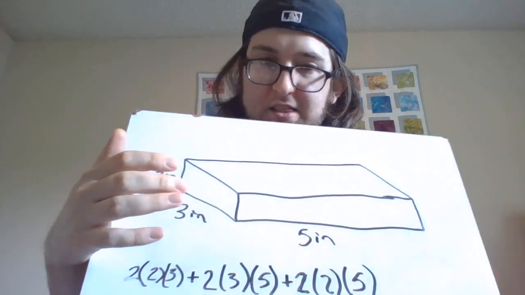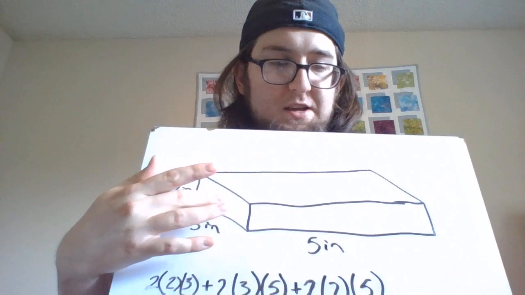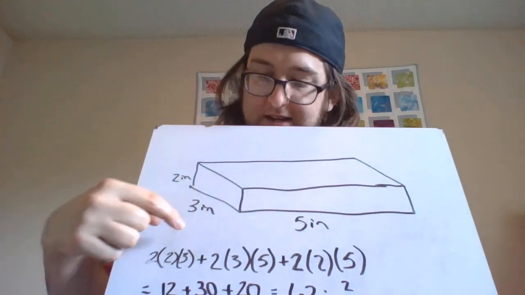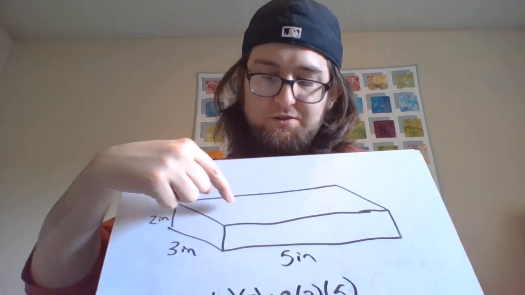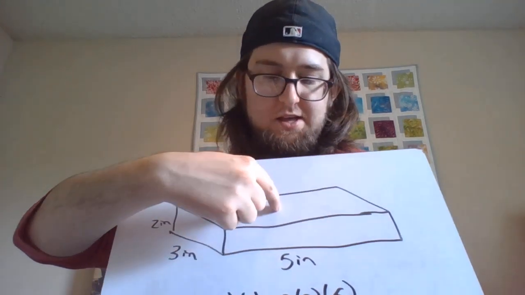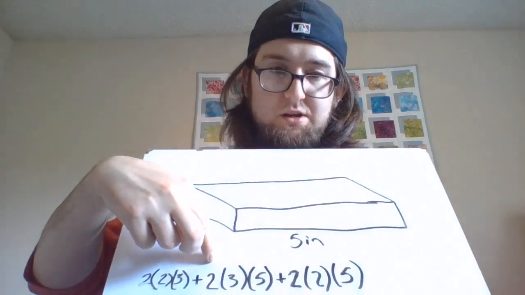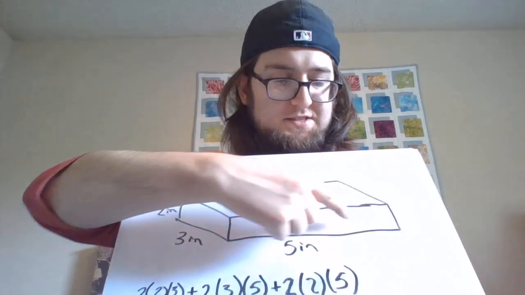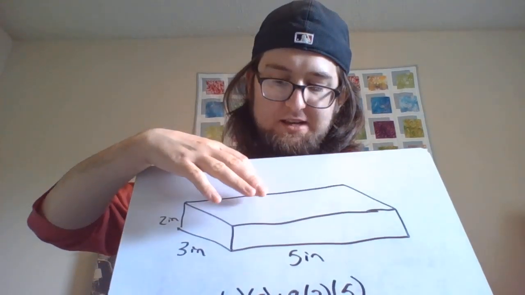That represents the 2 sides that have this area, the one here and the one back here that you can't see. Then I've got 2 times 3 times 5. That represents the top, because it's 3 by 5, and the bottom that you can't see. And then we've got 2 times 2 times 5, and that represents this front side with a length of 5 and a height of 2, and the back side that you can't see.